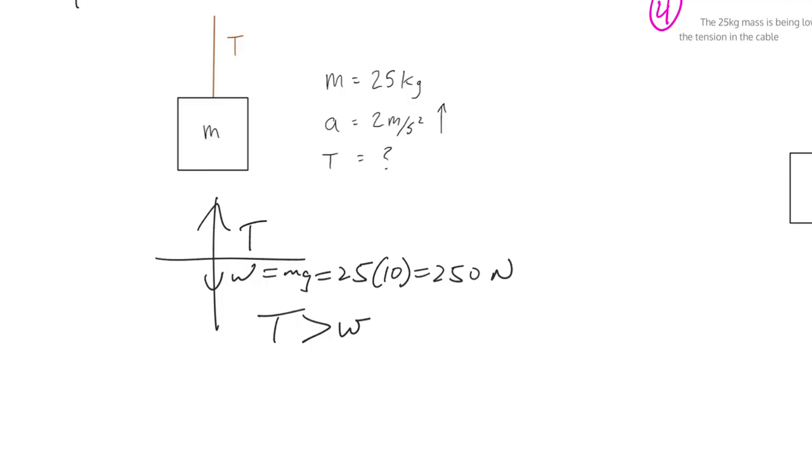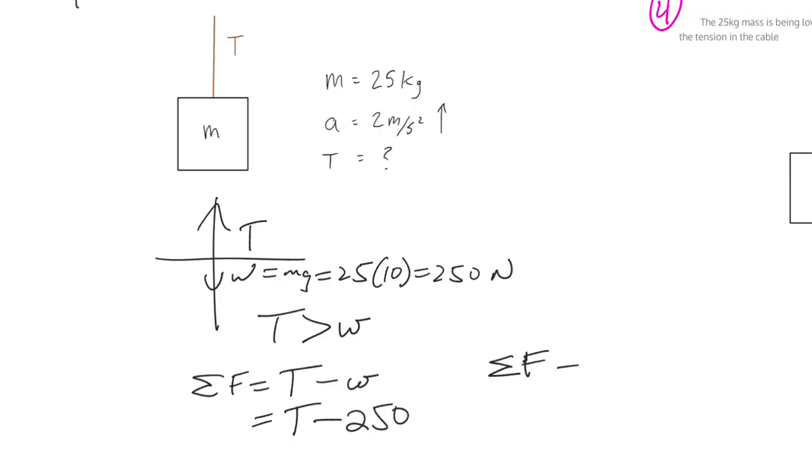The net force is the bigger one minus the smaller one. So I'm looking for T. I've got the weight, 250, and I can easily find the net force using the second law of motion.